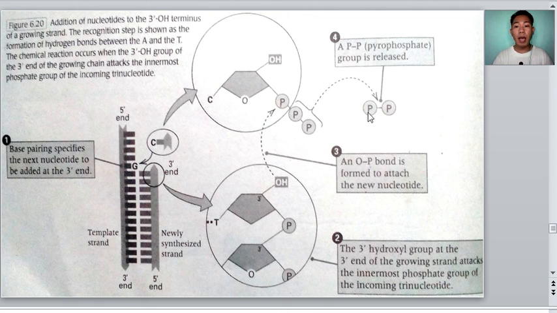That's why the 2-phosphate group is released in the cell, leaving a phosphodiester bond.